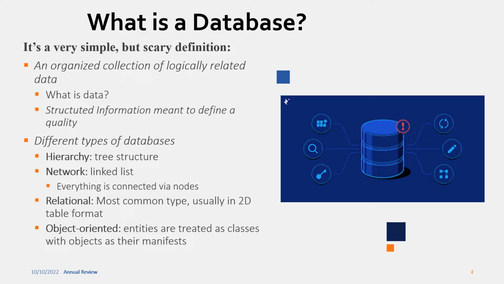Finally, there's the object-oriented. For anyone who's taken the basic computer programming classes, you would be familiar with object-oriented programming. Basically, the entities or the nodes, as you would imagine in database structure design, are treated as classes with objects as their manifestations.